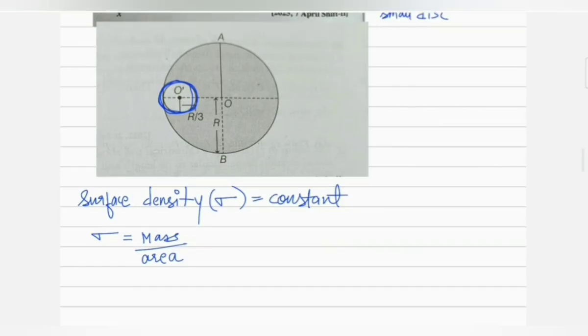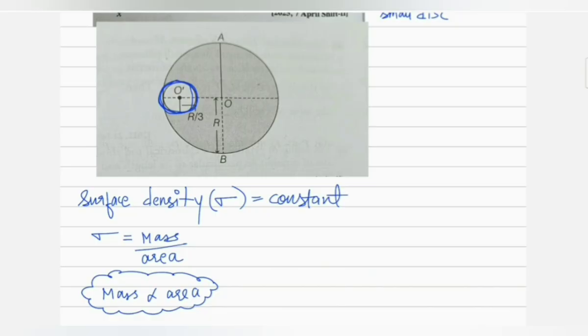So basically I am telling you, sigma is remaining constant, so mass upon area will remain constant. That means mass will be directly proportional to area. Can I do this? Disk, students, is a 2D structure, that's why I am using the knowledge of sigma. If this were a solid sphere, let's say, then you would think about a 3D structure, and there you would say volume density rho will remain constant. But here the disk is given to you as a 2D structure, so sigma, that is surface density, will remain constant. Correct, students? Did you understand this much?